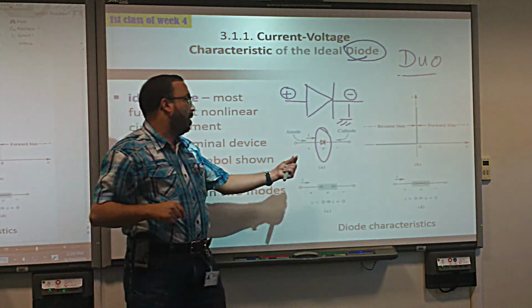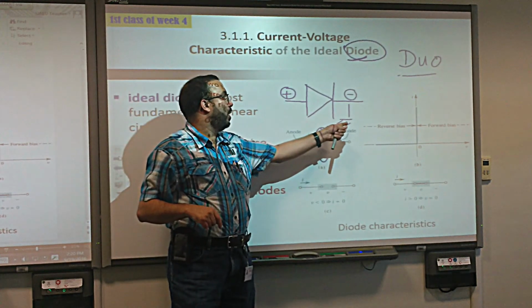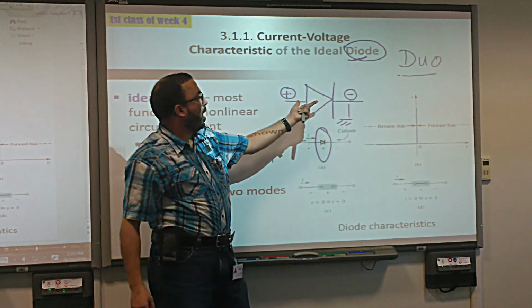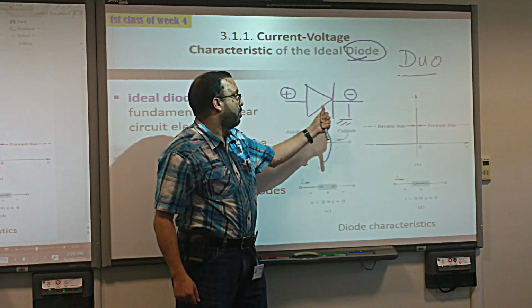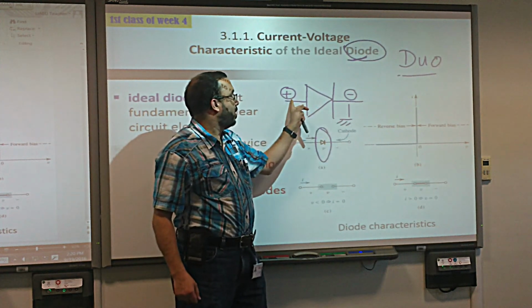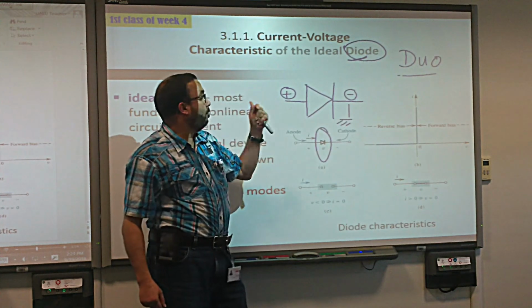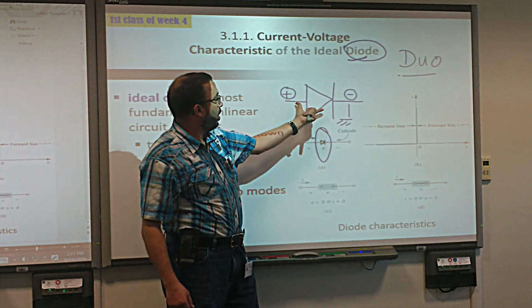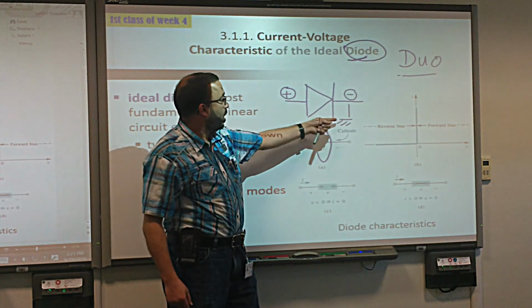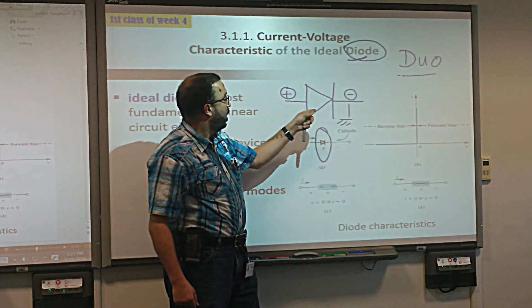If we apply a voltage on a diode, it will be with reference to this. So if we apply a positive voltage, that means a positive voltage here with respect to this voltage, that is, this voltage is bigger than this. If we apply a negative voltage, that means the voltage applied on the diode, here with respect to this, is less, so it's negative.